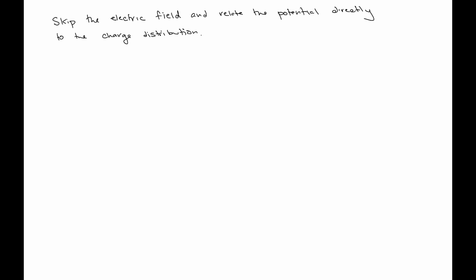Okay, so let's start with this equation here, relating our electric field to the potential V. We also know that the divergence of our electric field is equal to the charge density rho over epsilon naught.